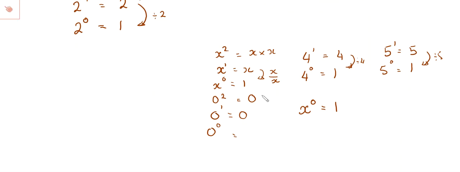We can go up by multiplying by 0, but if we come down, 0 divided by 0... you can't divide by 0. We'd write undefined. One for you to look up if you're interested.